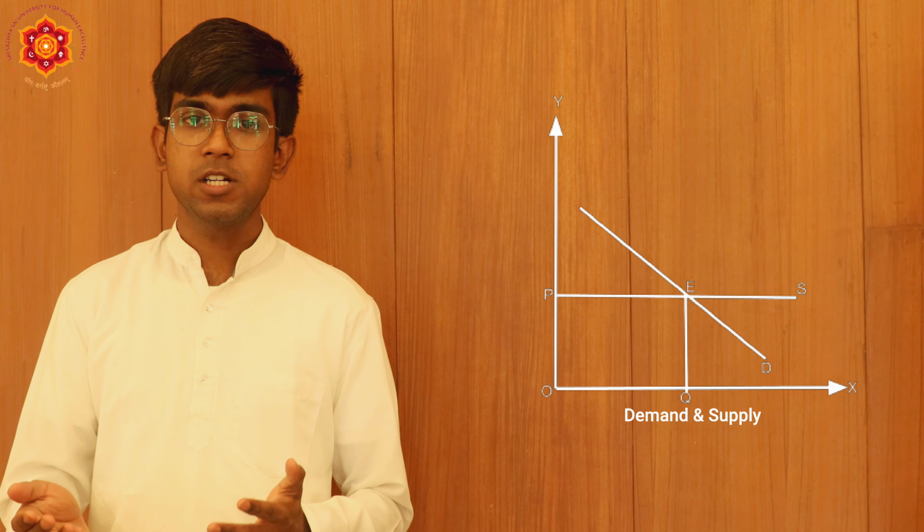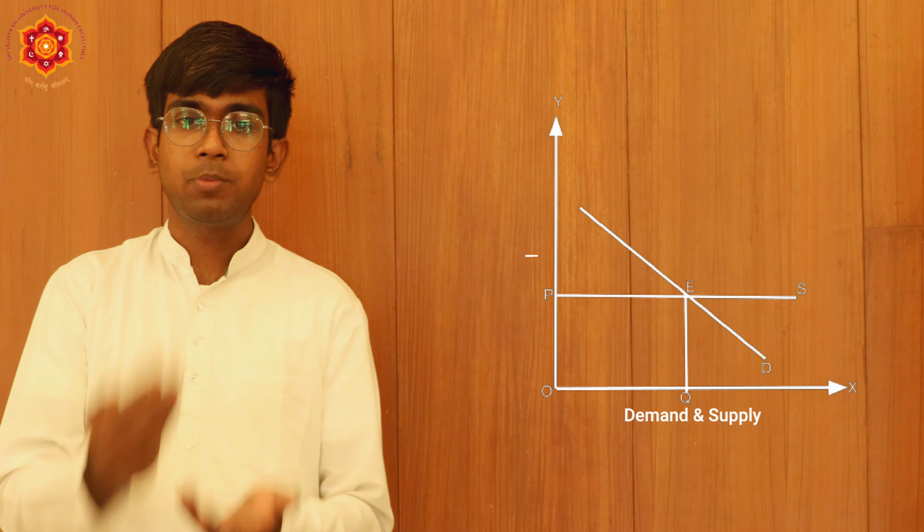Now, let us look into some graphical representation of the kinds of factors of production in the context of rent. In the first diagram, we can see that the supply of the factor is perfectly elastic. In this diagram, we have taken the x-axis as the demand and supply of the factor of production and the y-axis as the price.